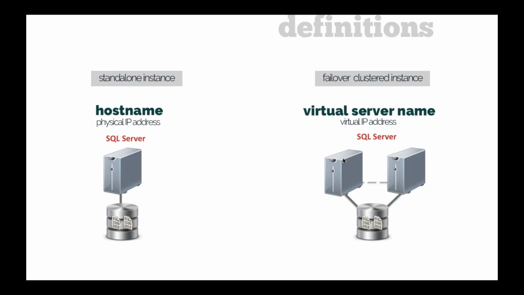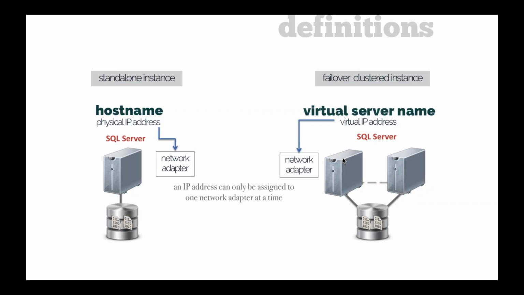Part of the high availability strategy is that if one of the servers goes down, the virtual server name can move from the failed server to any of the available standby servers or nodes in the failover cluster. And of course, with a virtual IP address, your network adapters use those IP addresses so that the workloads or the client applications can connect to our SQL Server instances.